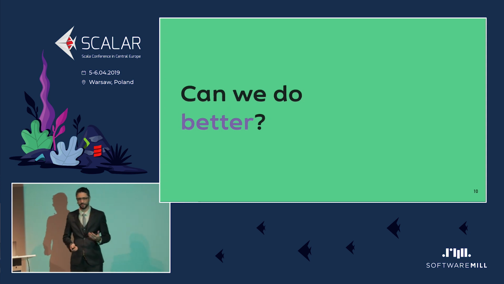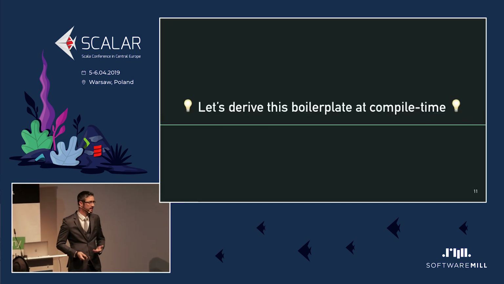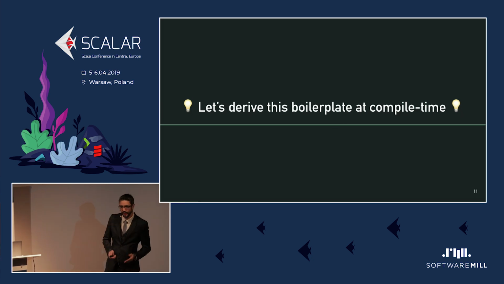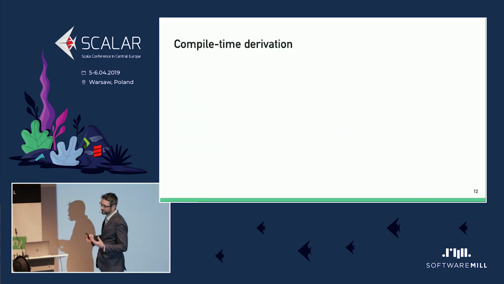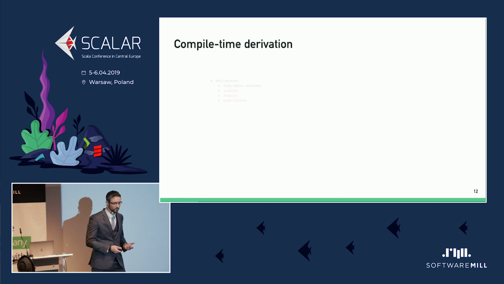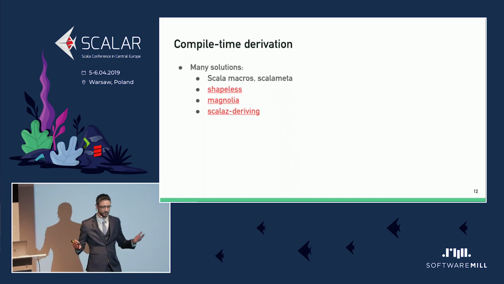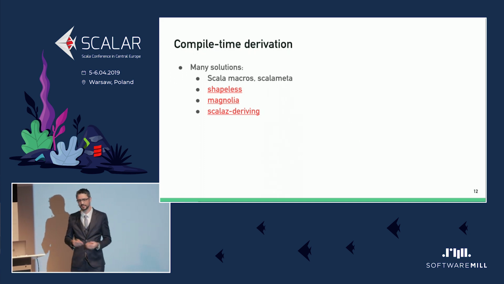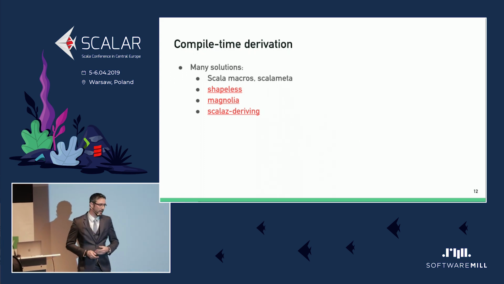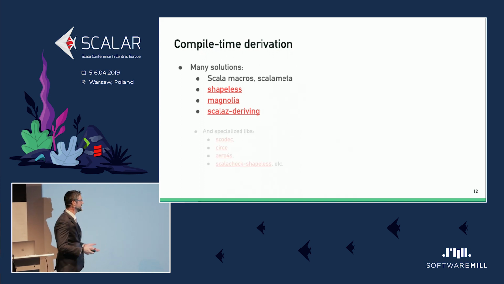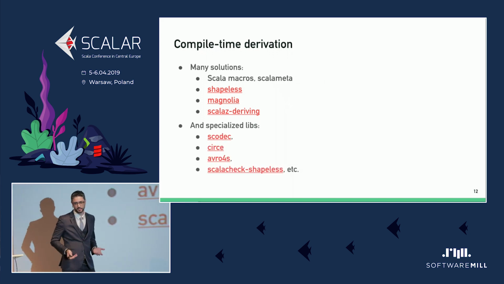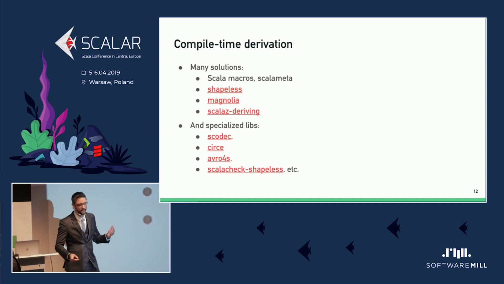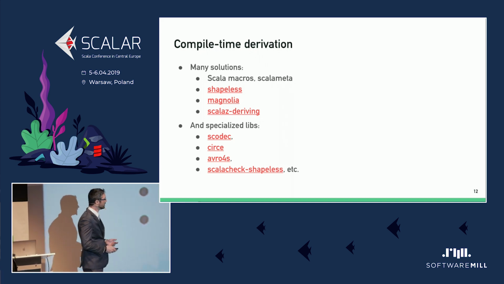In Scala, we have one idea for that: let's scrap that boilerplate at compile time. And we have plenty of solutions to do that. We can use our plain old macros, or Shapeless, or Magnolia, Scalaz Deriving. And for specific tools and needs, we have a bunch of specialized libraries like Circe or Scodec or whatnot.